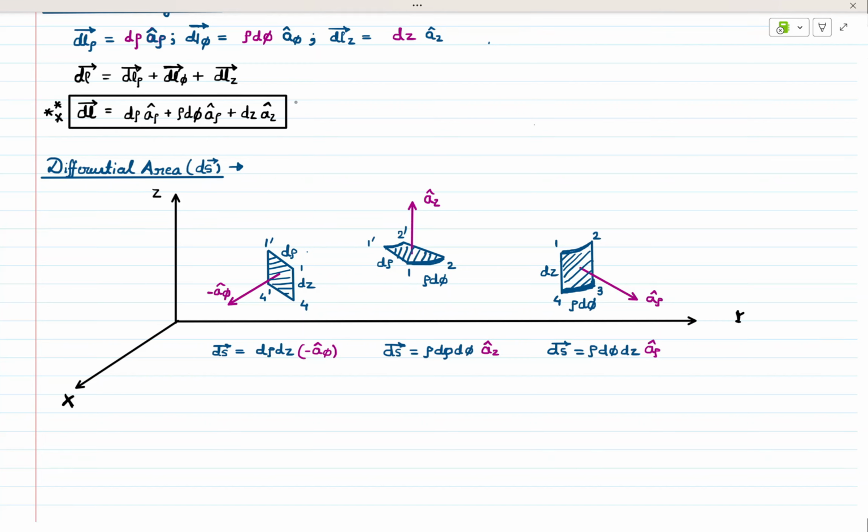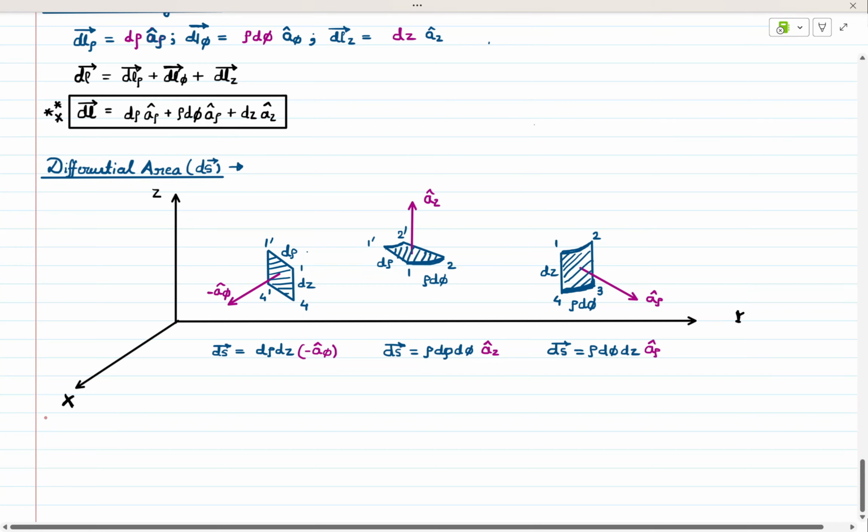Now let me put some notes over here, the same notes that we discussed in the Cartesian coordinate system also. So what is the first note?